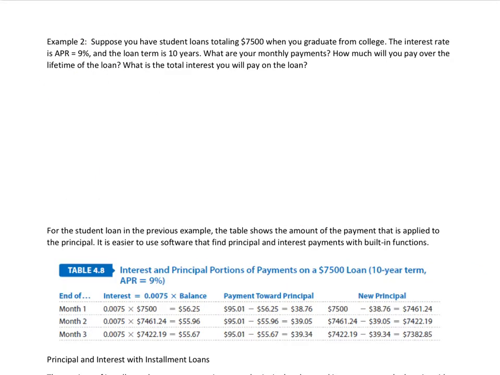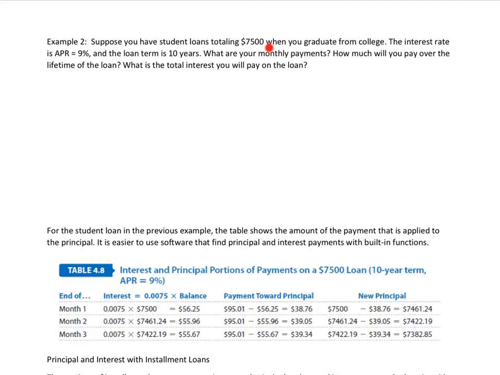So now that we are on the next slide, away from the formula, we have an example here that uses the formula. All right, so it says, suppose you are a student having loans totaling $7,500 when you graduate from college.